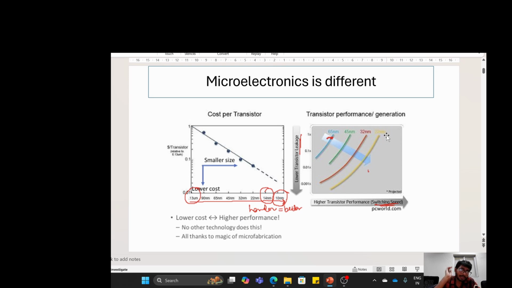Miniaturization doesn't happen easily, it costs a lot. There is a whole process from beginning to end to get the mobile phone.